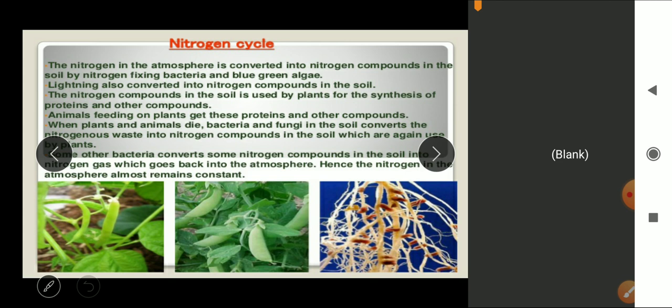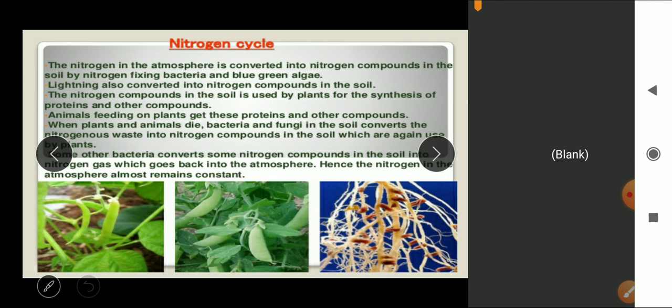Hope students you understood this chapter, right? Go with this chapter and learn the question answers. In the textual question answers, there are filling the blanks, tick the correct answer, then match the following.